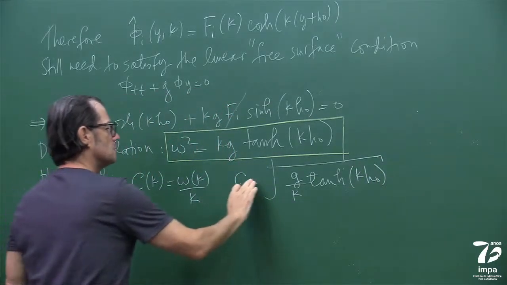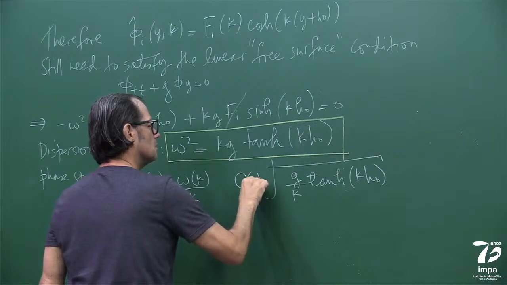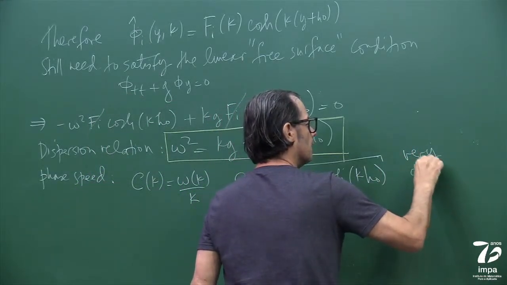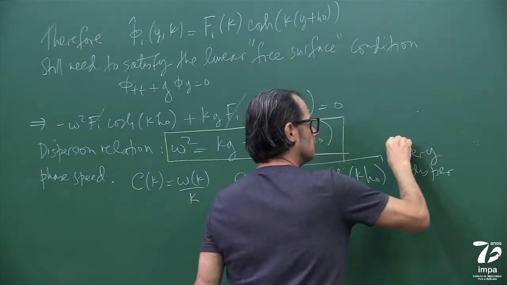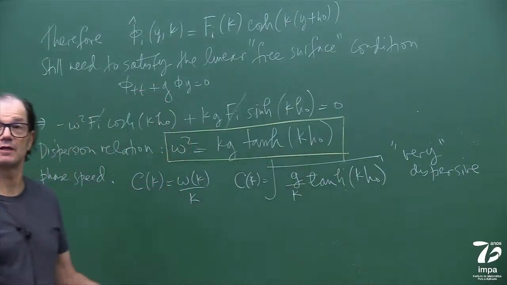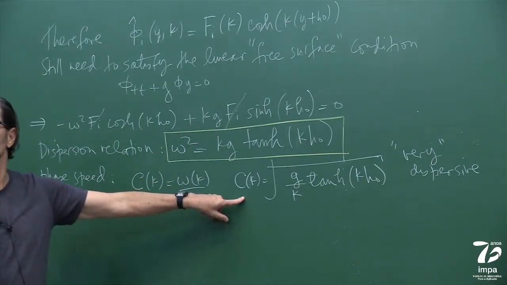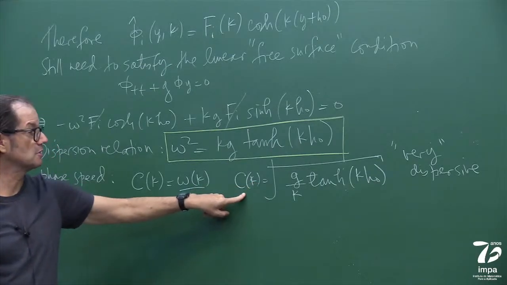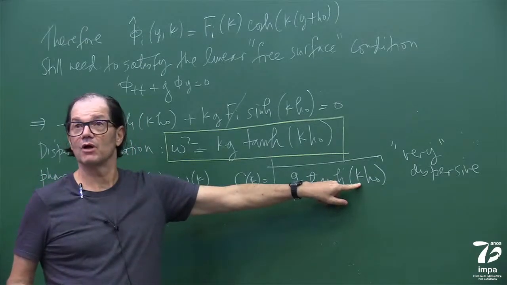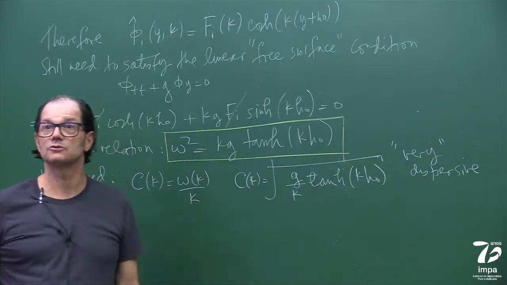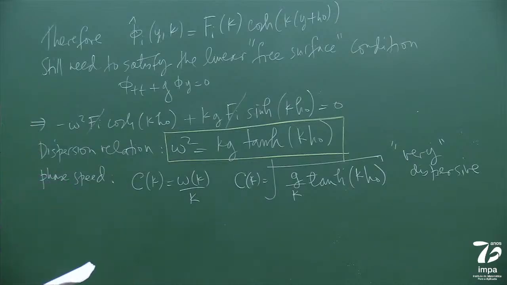Okay, so let me actually put this to indicate. So it's actually very dispersive in the sense that the Fourier modes, their speed varies with their wavelength, meaning with their wave number, in a very dramatic way. Okay?